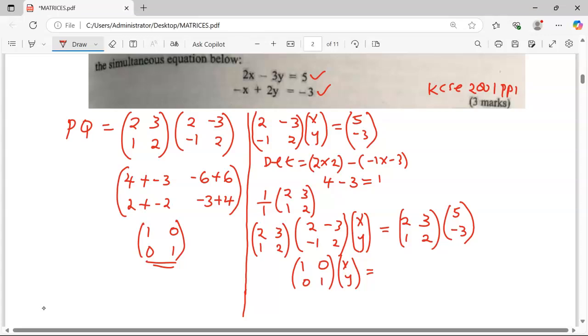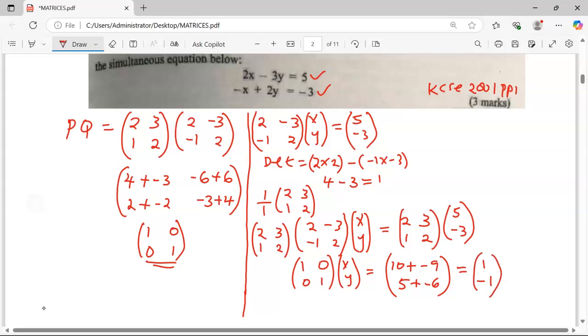And this is going to be equal to 2 times 5, you get 10, plus 3 times negative 3, you get negative 9. And of course, 1 times 5, you get 5, plus 2 times negative 3, you get negative 6. This is going to give us 10 plus negative 9 is 1. 5 plus negative 6, you get negative 1.